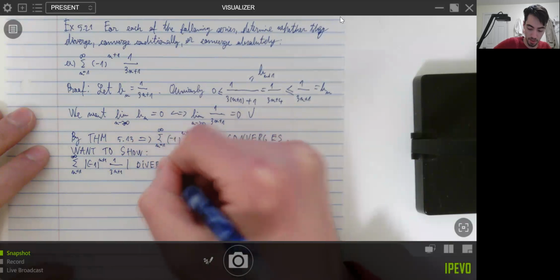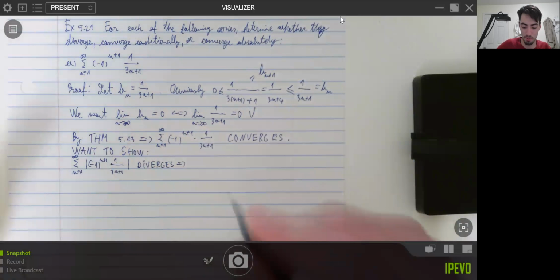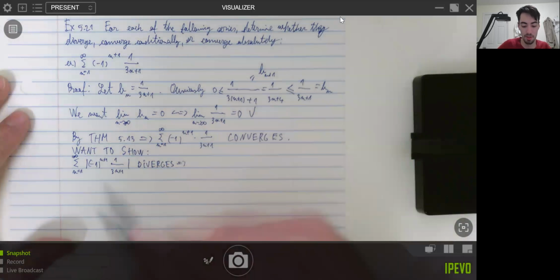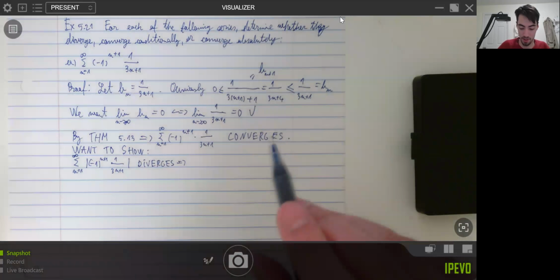Well, the absolute value of -1 to the n+1 is just going to be equal to 1, right? So the absolute value of (-1)^(n+1) times 1 over 3n+1 is just 1 over 3n+1.